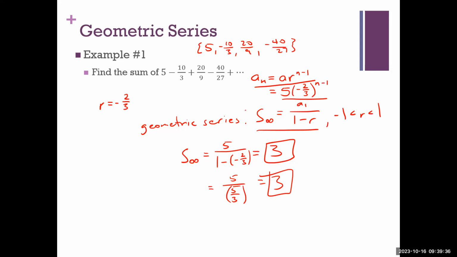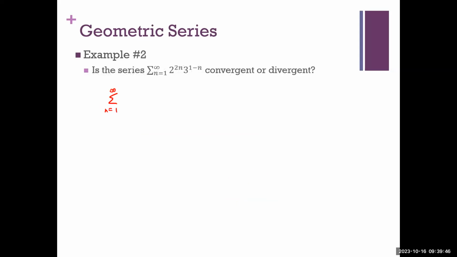So we need to know what the common ratio is, but it has one. So can we rewrite some of these?